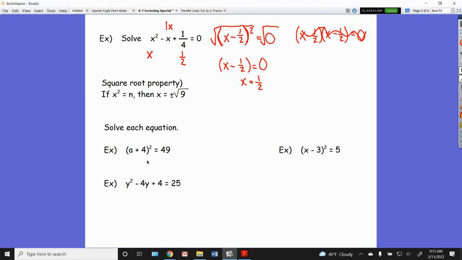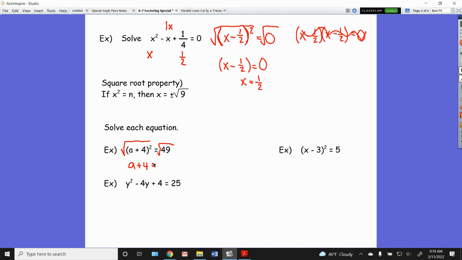And that is my sign that I am probably going to take the square root of both sides. Okay? So I need to get rid of that something squared. I need to get rid of that squared. So I'm going to take the square root of both sides. So boys and girls, I would get a plus 4 on this side equals, now this is the part that I want you to be careful about.